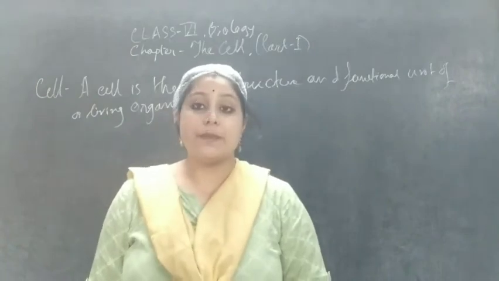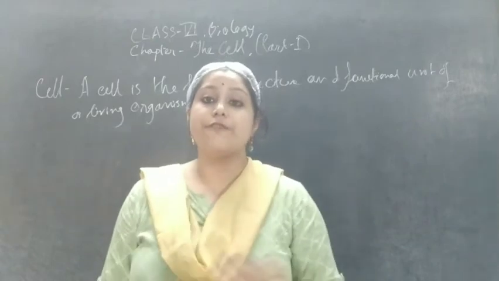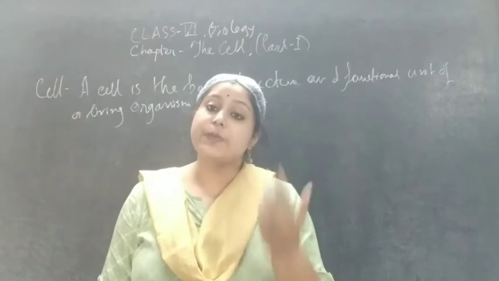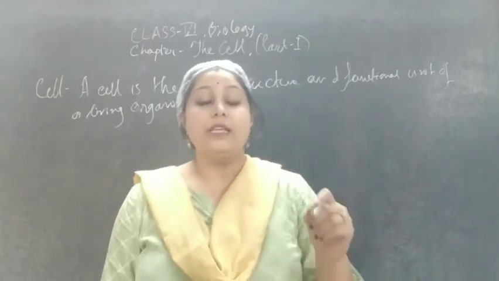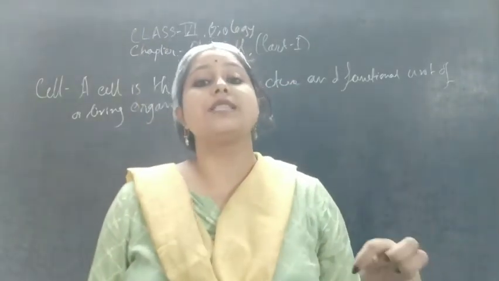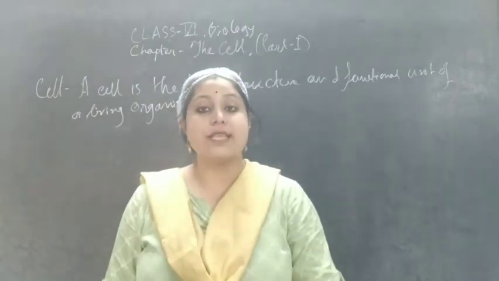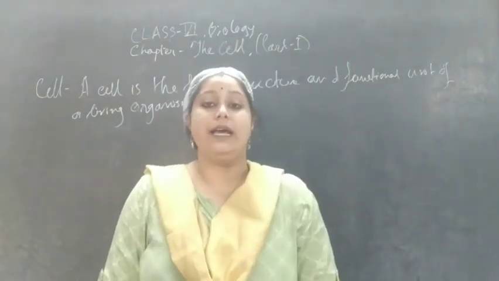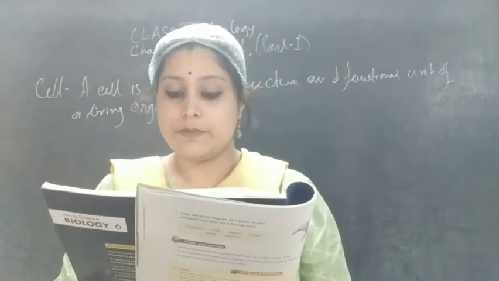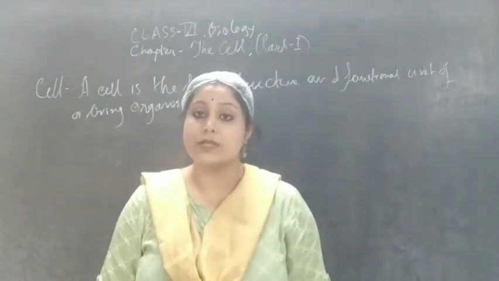There are many types of cells in our body. According to their place and their function, they can be differentiated. Like the cells present in the tip of the root help the roots to grow inside the soil, as well as help to absorb water and minerals from the soil.